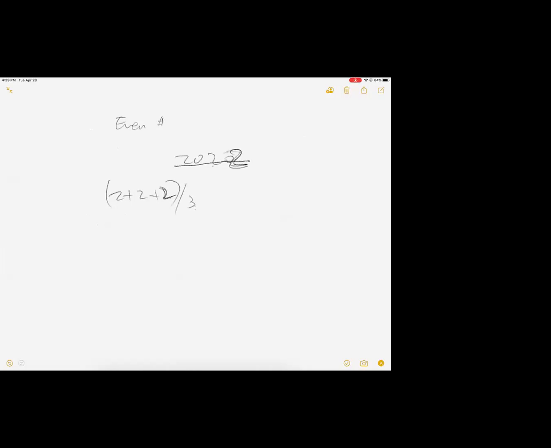2020, that becomes an even number. That means it's divisible by 2. And we have three 2's that are divisible by 3. Okay. So if we add 2 to it, that number would be divisible by 6. So 2022 is divisible by 6. Since we added 2, when we divide by 6, the remainder has to be 6 minus 2 equals 4.